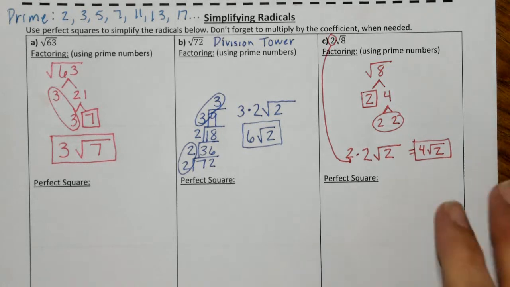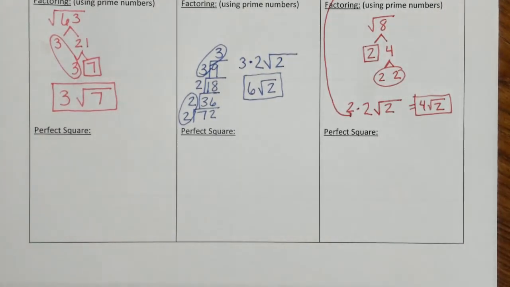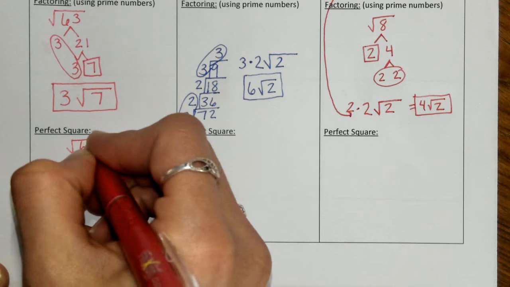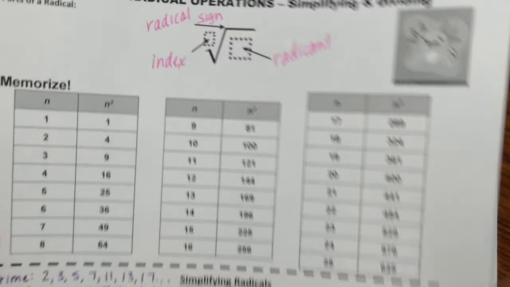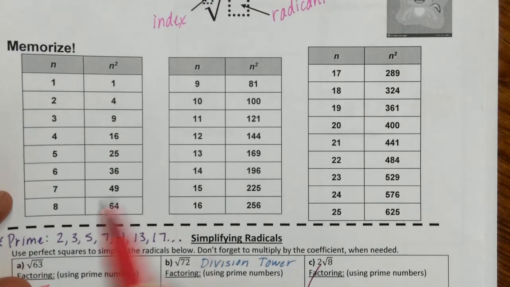Now, the other way that you can do these is using a perfect square. This is where you're going to want to have your perfect squares memorized. So it makes it a little tougher. You have to have those memorized. If we take the square root of 63, try to figure out what perfect square could go into 63. And we're looking at our perfect squares right here. Okay? Obviously, it can't be 64 or higher because we're looking at 63.